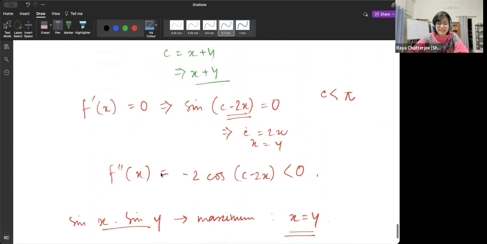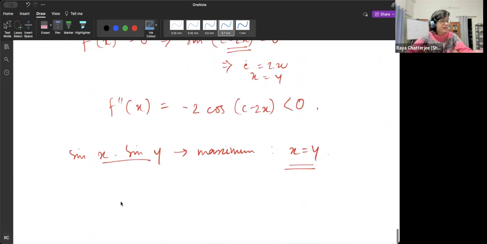So we can just maximize the square root of their product, which is sine alpha 1 times sine alpha 2 times sine beta 1, and so on.